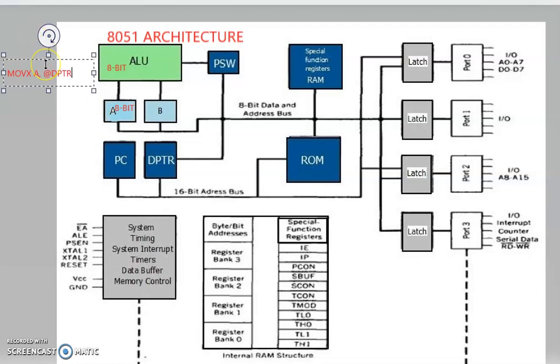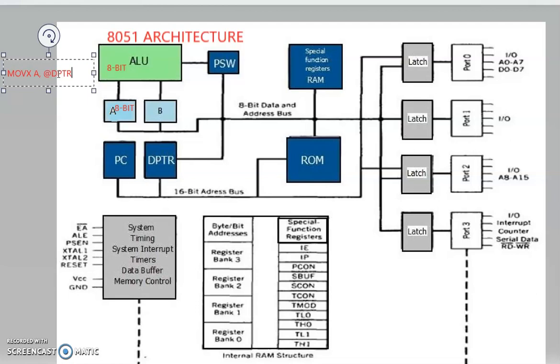This is an instruction used to get data from an external RAM location pointed to by the data pointer. DPTR is the data pointer register that points to the data in an external memory. It doesn't hold the data, it points to the data. That means the address of the data is placed in the DPTR register.